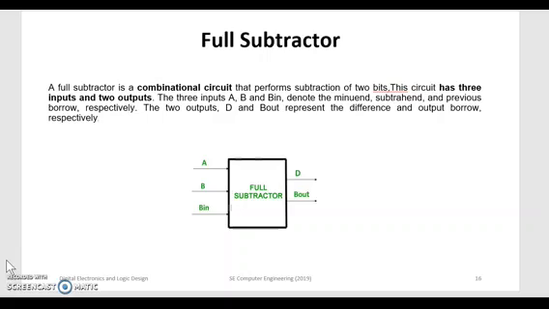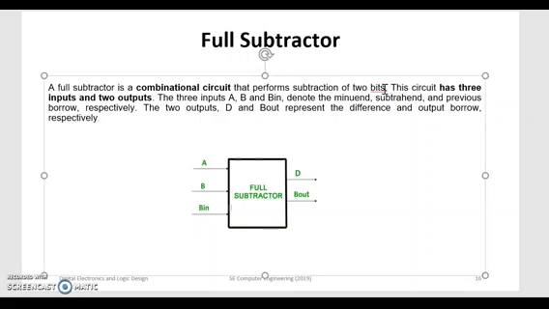Next comes the full subtractor. It is a combinational circuit which performs subtraction of 2 bits, but the combinational circuit has 3 inputs. A is my first number, B is my second number, and B in.